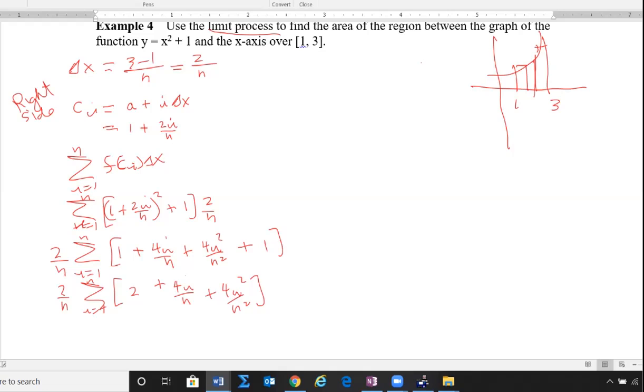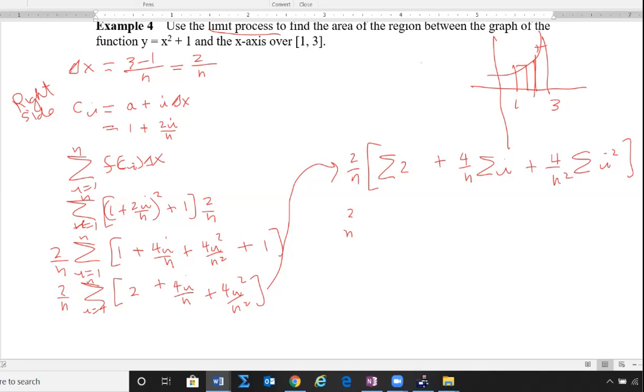Okay, let's take this over here now. We have a 2 over n. Now I'm going to open these up into separate sums. So we have the sum of 2, which is this one, and then you'll have 4 over n, sum of i, that's the middle term, and then you'll have 4 over n squared, sum of i squared.